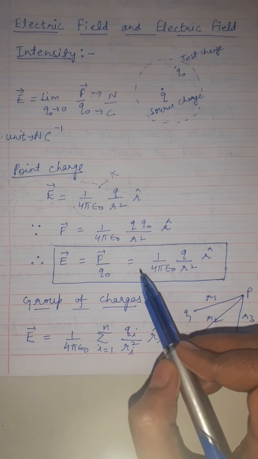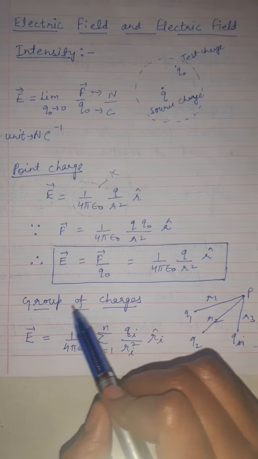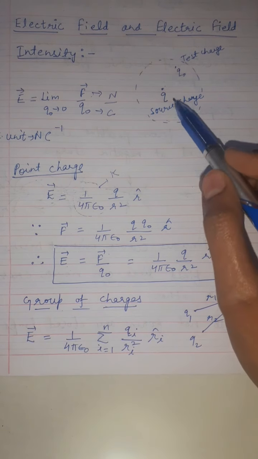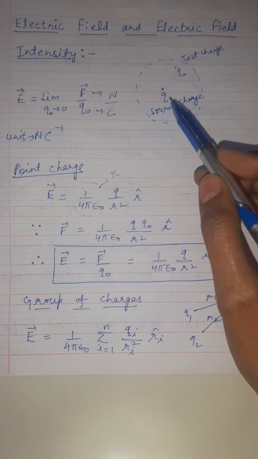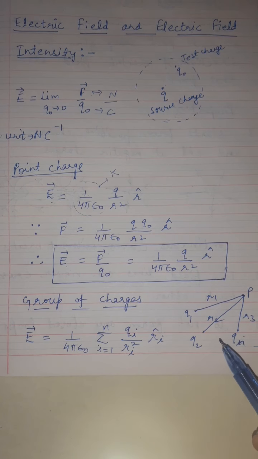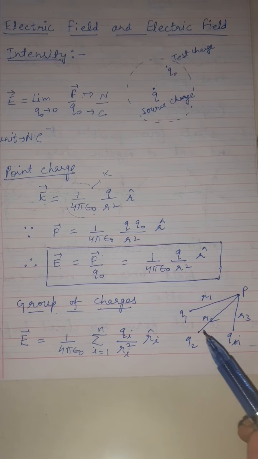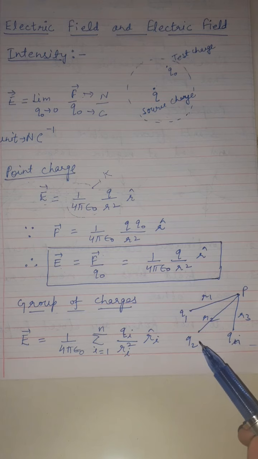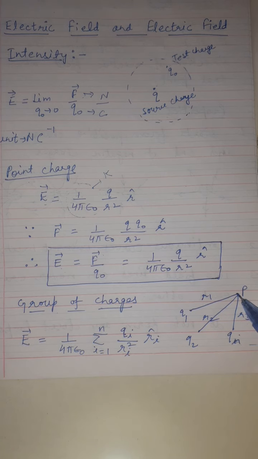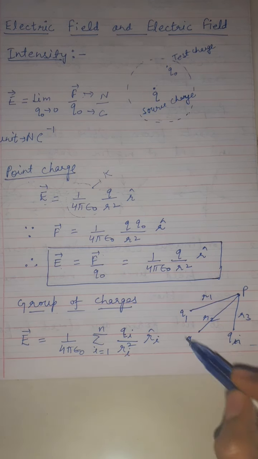Similarly, we can calculate the electric field intensity due to a group of charges. See here, it is a single charge, we are calling it source charge, but instead of this single charge, if we are having a number of charges, that is a group of charges like Q1, Q2 and so on up to Qn, then we can calculate the electric field intensity at any point due to all these charges.